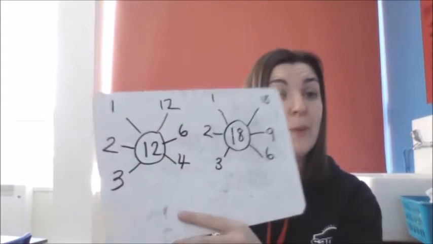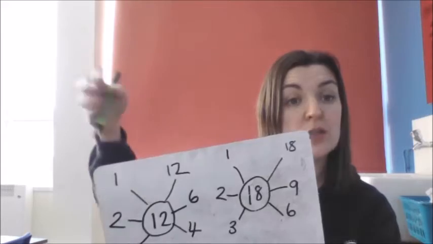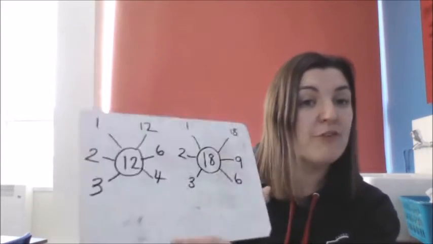So your second question asks you to list all of the prime numbers between 1 and 20. So all of those numbers that have only got 1 and themselves as a factor. You could go through each number between 1 and 20 and see what factors they've got to help you.